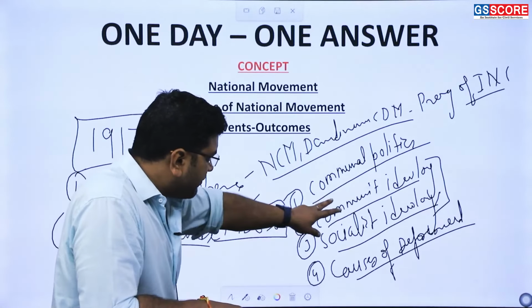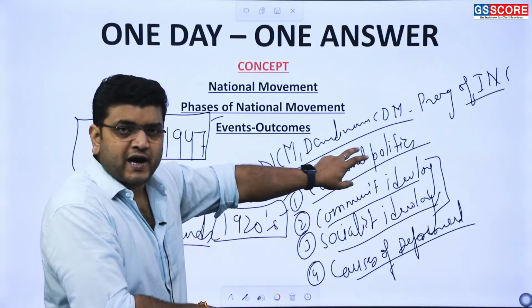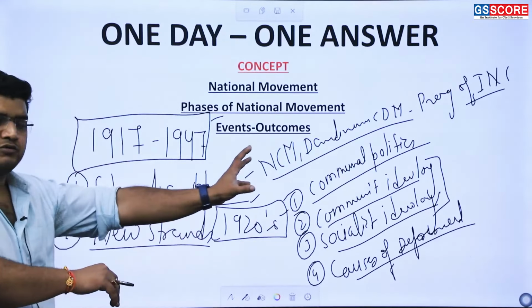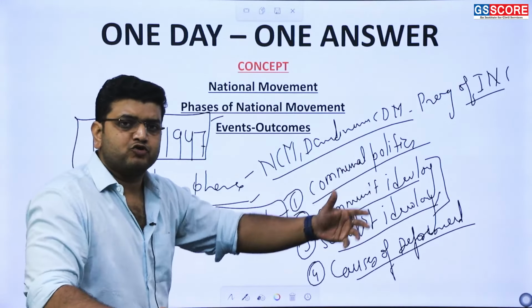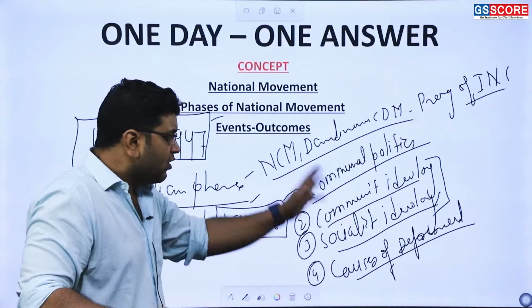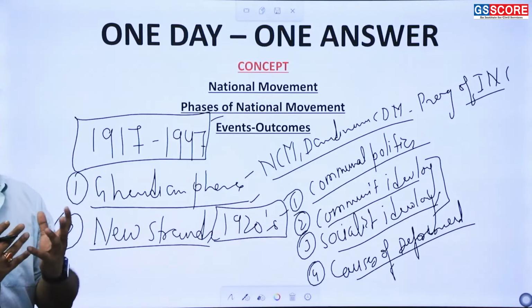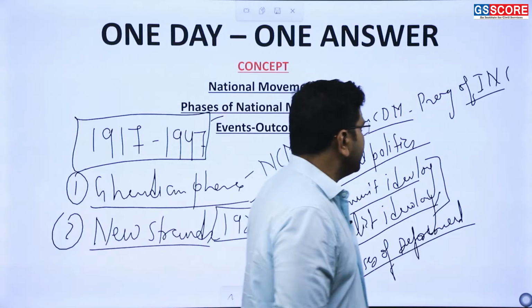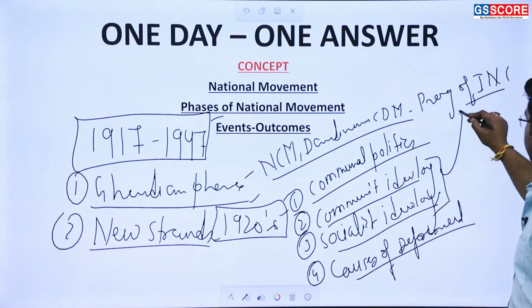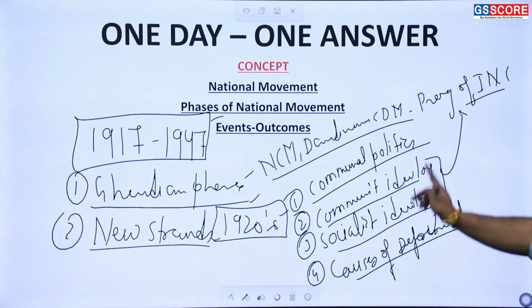Both ideologies matured and integrated into the ideology of INC. For example, Nehru, Subhas Bose, Bhagat Singh, etc. were the people who were championing the cause of communist and socialist ideology. And the national movement acquired these ideologies under the programs and policies of INC. That was the phase of the 1920s in terms of events and outcomes.